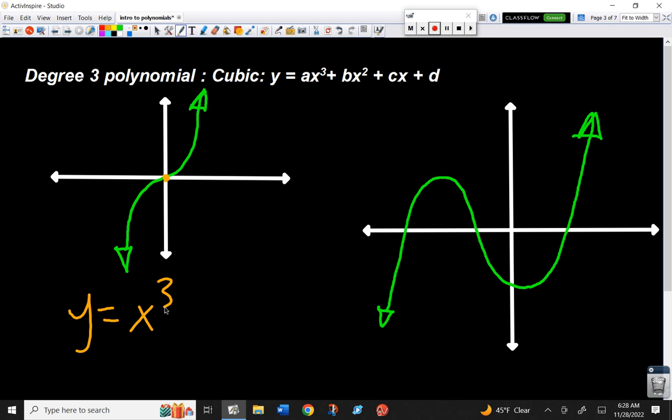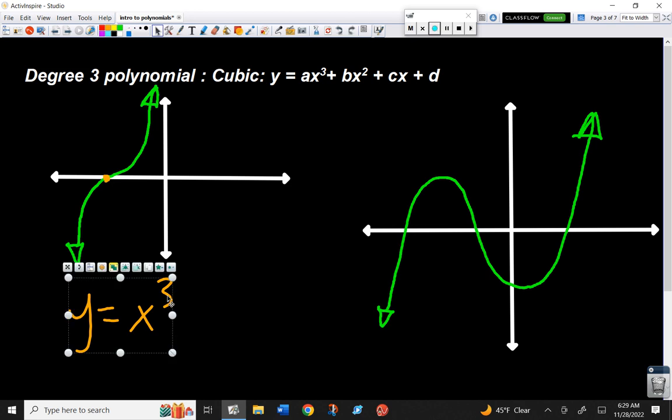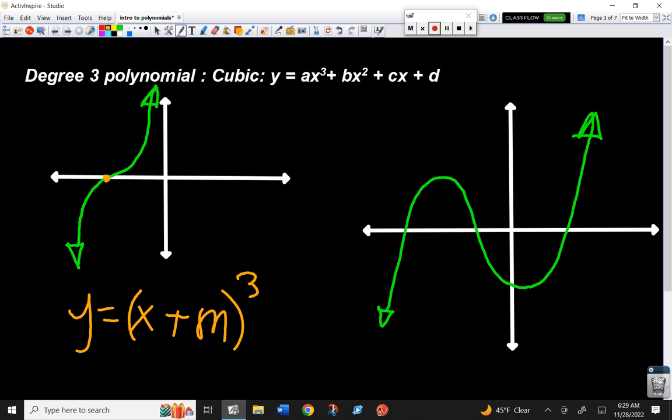However, ladies and gentlemen, I know that y'all understand that I could shift this around. So in other words, I could have a root at a different place. Matter of fact, if I shifted it this way, how would that change my equation? Well, the way it's going to change your equation, ladies and gentlemen, is this way. Now that I've shifted it over this way, it is going to be x plus, let's say that's m, to the third power.